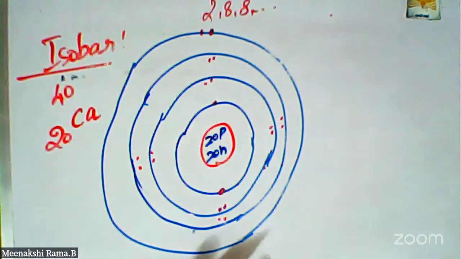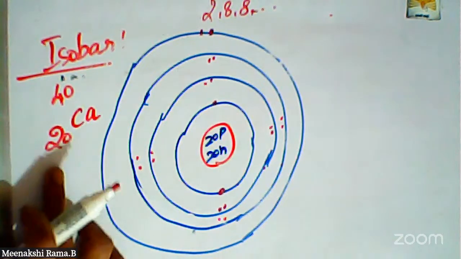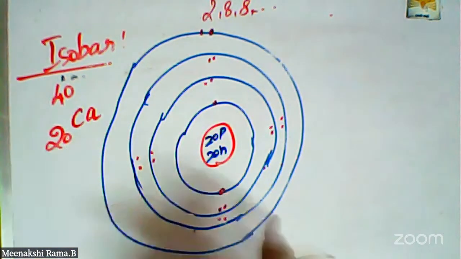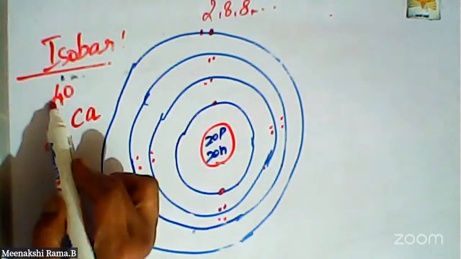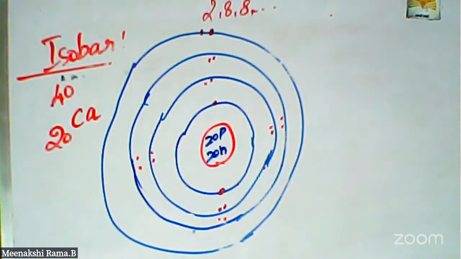So the total number of electrons is 20. 20 plus 20 is 40, that is the mass number of calcium. So this is an example of an isobar.